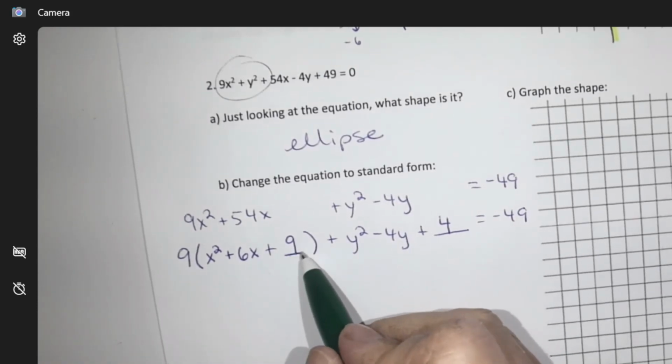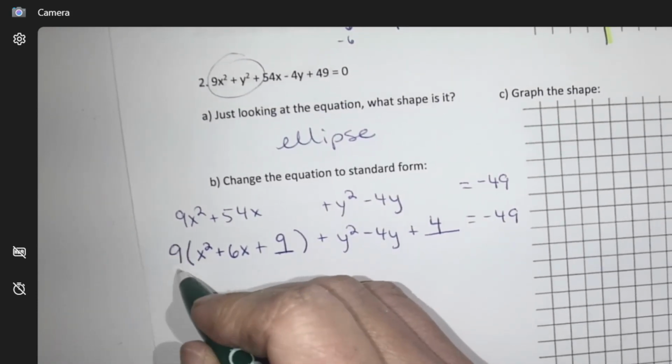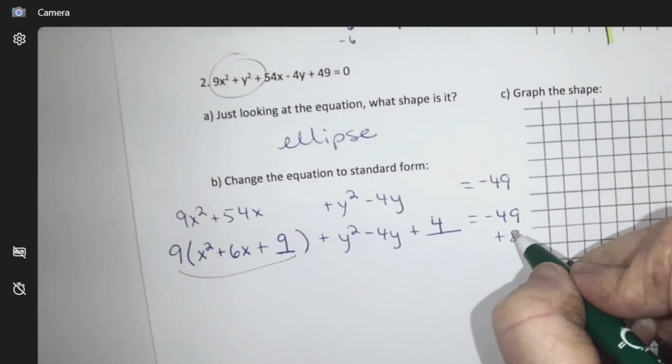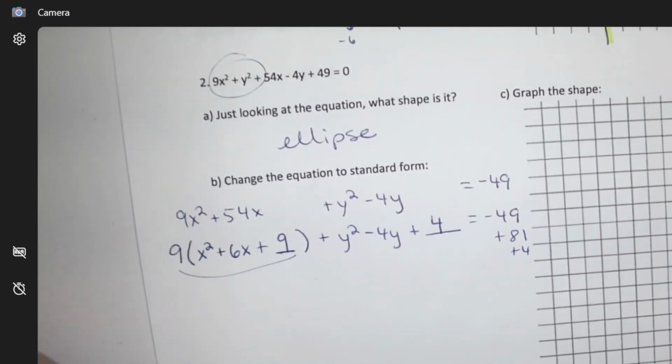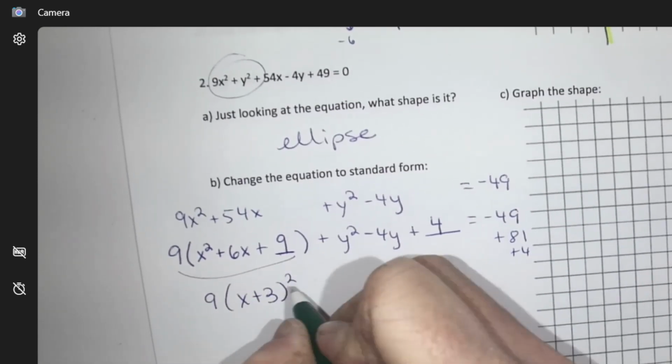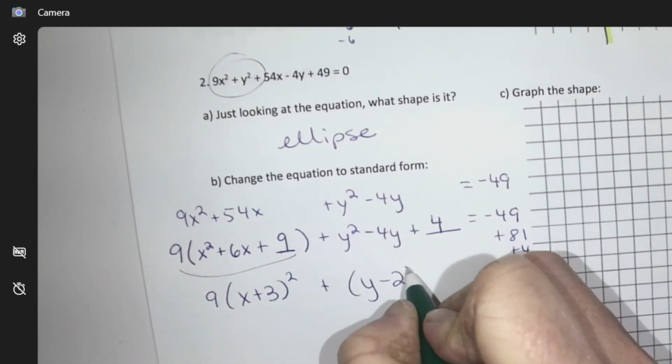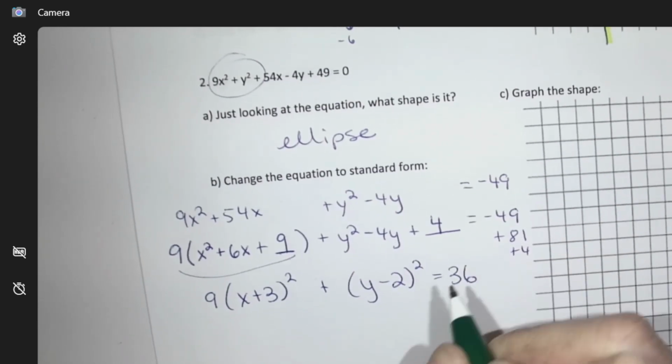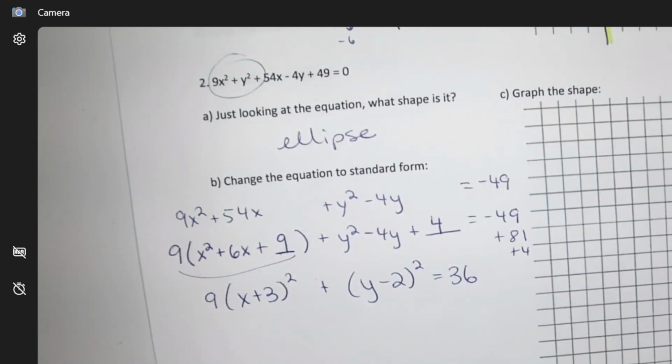Don't forget that this isn't 9, it is 81. Okay, write your perfect squares. So there, that's that.